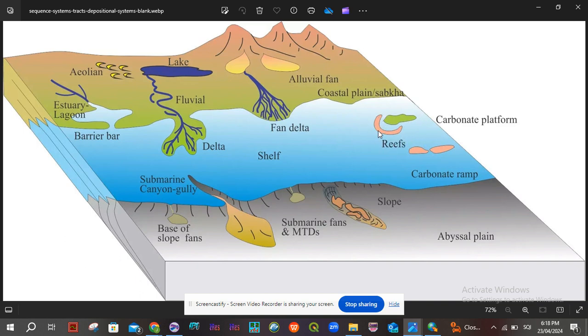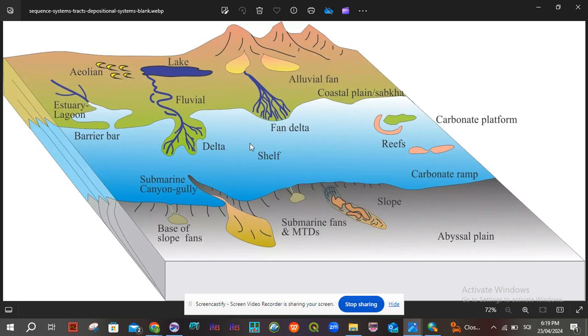So this is very good for reservoir. In terms of delta, the distal part is not very good for reservoirs, because we have some low energy material, while the proximal part is quite good because we have some high energy material which is being deposited. As I've said earlier, it can be hypopycnal or hyperpycnal flow.